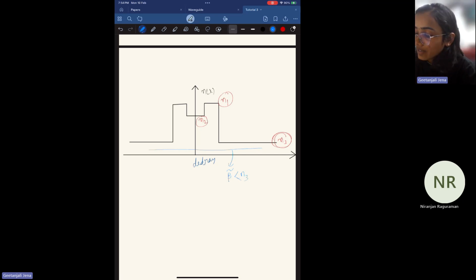Next is whether it falls in this region, where beta tilde is greater than N3 but less than N2.